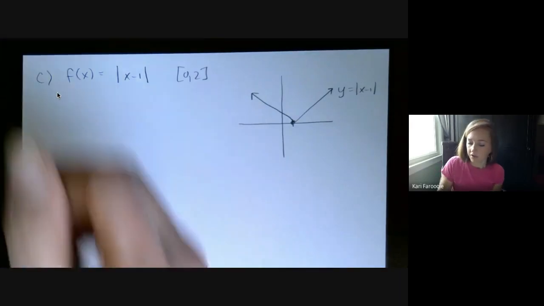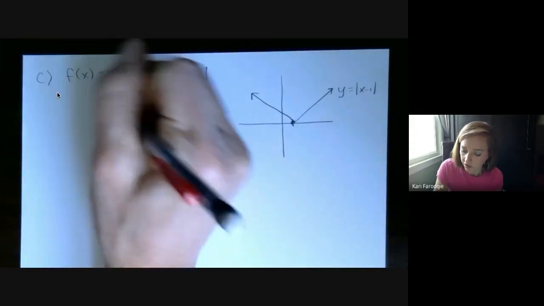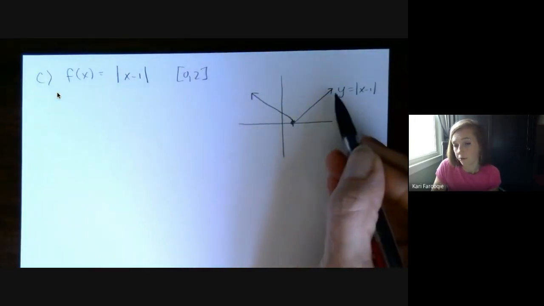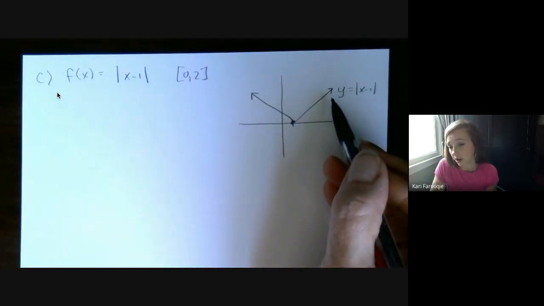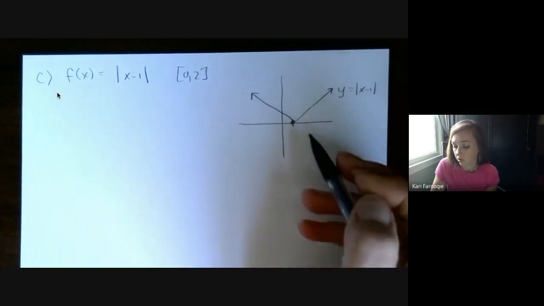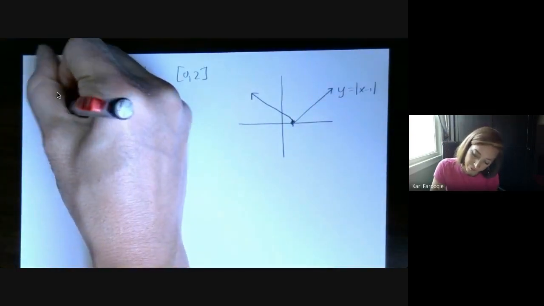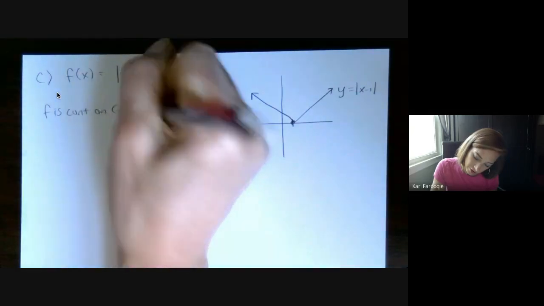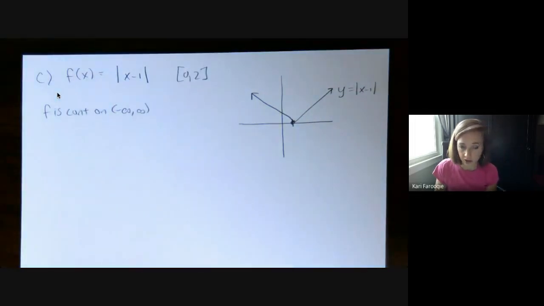Okay, so as far as your continuity is concerned, you can graph this entire graph without ever lifting your pencil. You're not dividing by any variables. There's no issue here for continuity. So we would say that f is continuous on its entire domain, so we don't have an issue there.